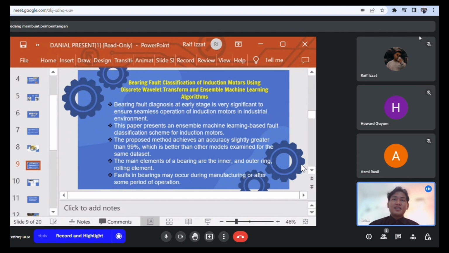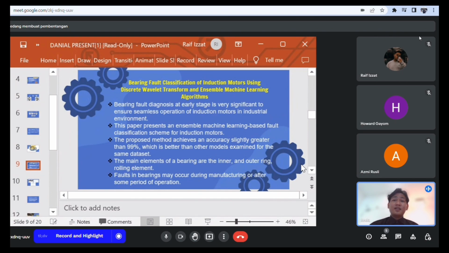This paper presents an ensemble machine learning based fault classification scheme for induction motors. The proposed method achieves an accuracy slightly greater than 99%, which is better than other models examined for the same data set.